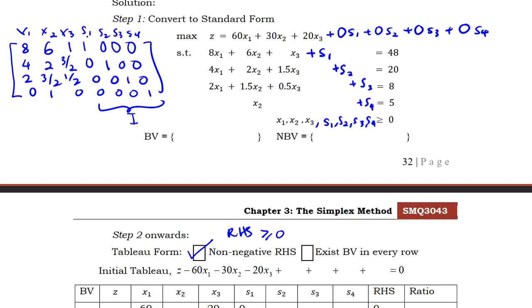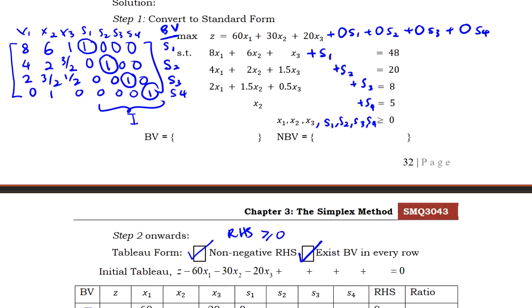So for the first constraint, S1 is the BV, because the coefficient is 1 and the rest of the column is zeros. For the second constraint, S2 can become the BV. Third constraint, S3, and fourth constraint, S4 can become the BV. So there is a BV for each row.